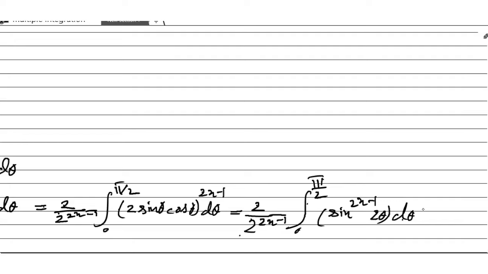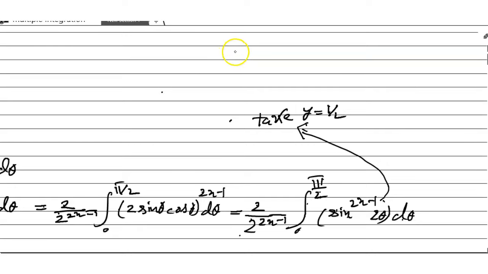Because sine 2 theta means 2 sine theta cos theta, now we will go to another portion, that is gamma. So friends, take y equal to half.